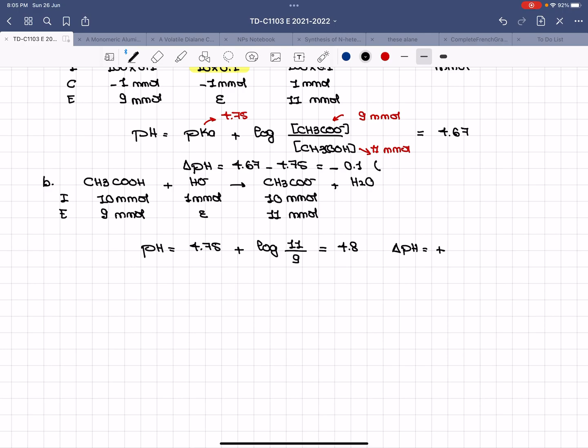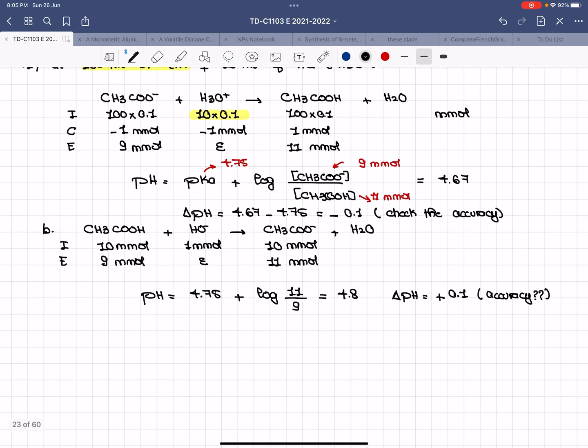Remember, check the accuracy of this number. It will be a little less than 0.1 because it's weak. Okay, and this is 0.1. Again, accuracy. If you add an acid like HCl, the acid will decrease the concentration of the conjugate base and increase the concentration of the acid.